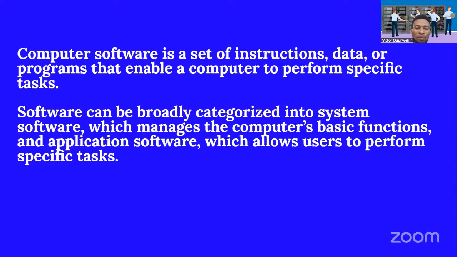That processor is where the instructions, data, and programs are embedded by the computer manufacturer. When I say instructions and programs, we are trying to say code. How the computer understands what we are inputting has been programmed with codes into that processor.